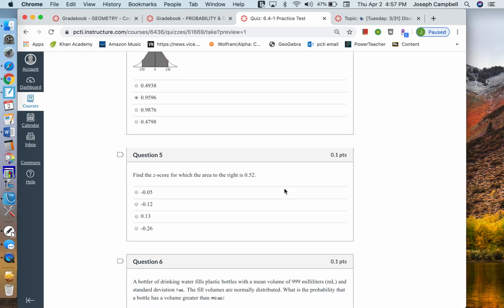Alright, find the z-score for which the area to the right is 0.52. So this would be an inverse normal distribution calculation, right? Because you're looking for the area of 0.52. You want the area to the right to be 0.52, so we would have to find the complement of that, right? So 1 minus 0.52 is going to be 0.48.